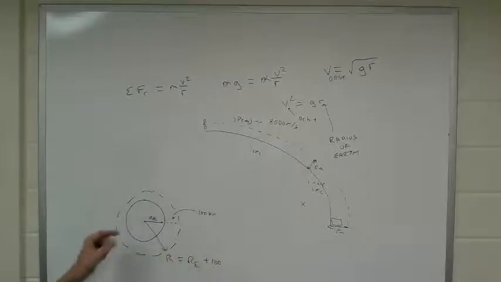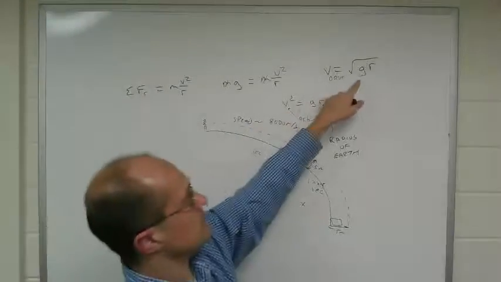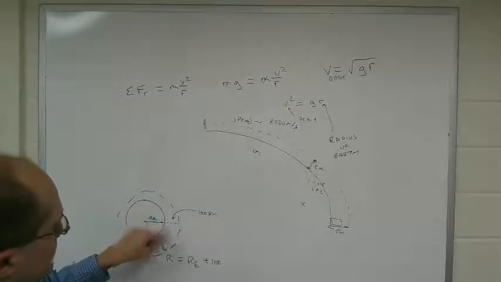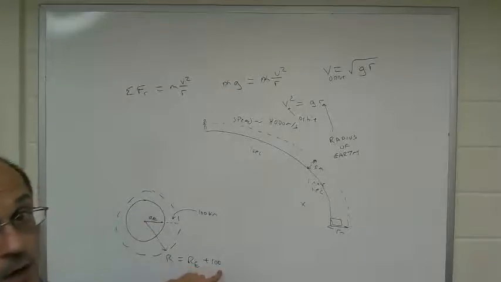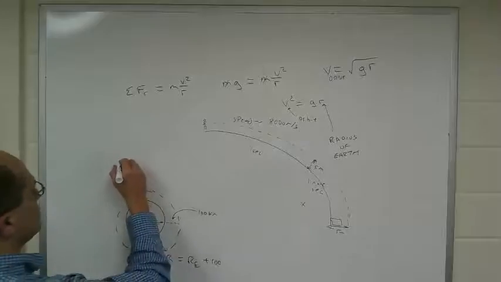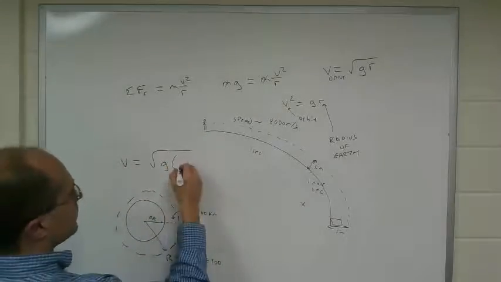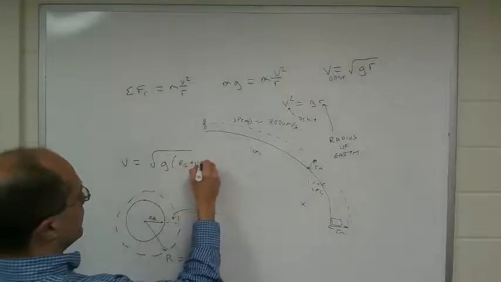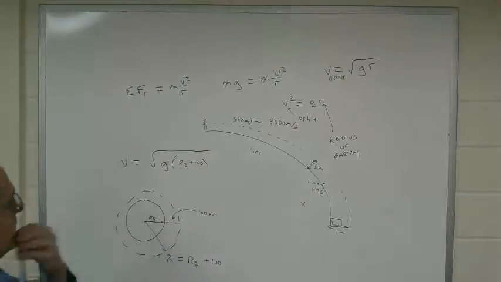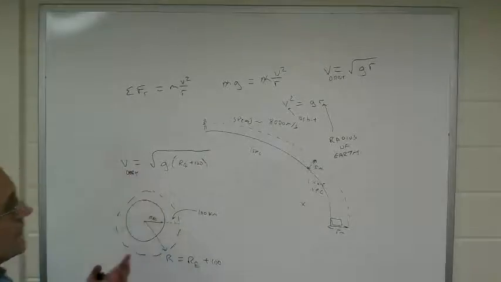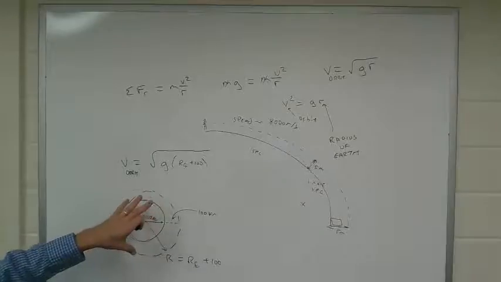So whenever you want to calculate your orbital speed, you just take into account the fact that your radius is the radius of the Earth plus some distance above the Earth. So in that case, your v orbit is the square root of g times R_E plus 100.